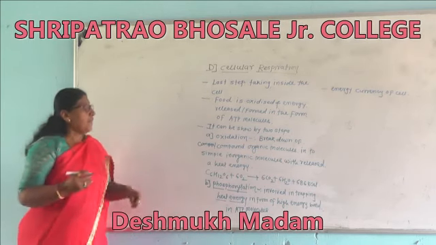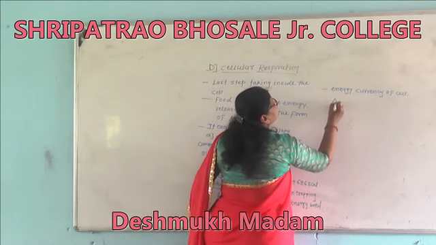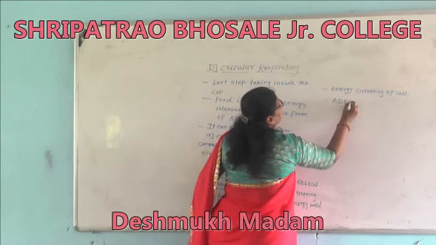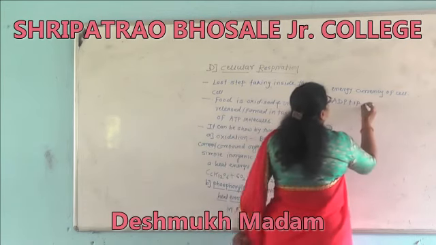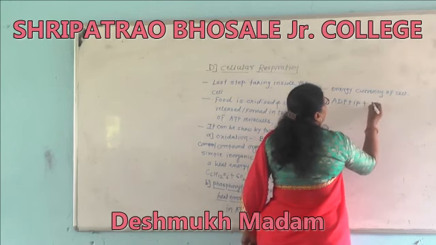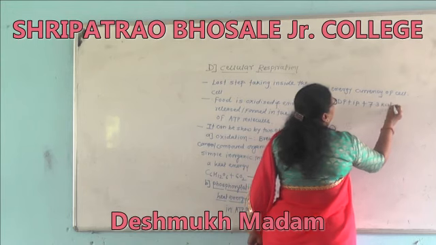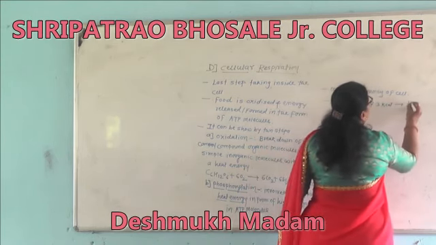That is, ADP plus Pi plus 7.3 kilocalories gives ATP.